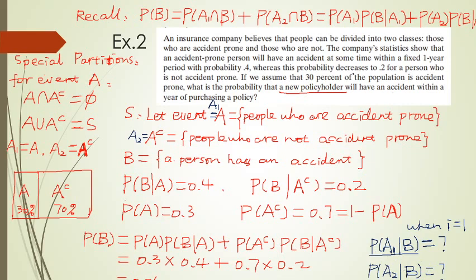Based on this example, that is the probability the insurance company will be interested in if a new policyholder has an accident. What is the probability this person is accident prone? If this conditional probability is much higher, then we can guess that the insurance company will charge a much higher rate for the people who are accident prone than for the customers who are not.